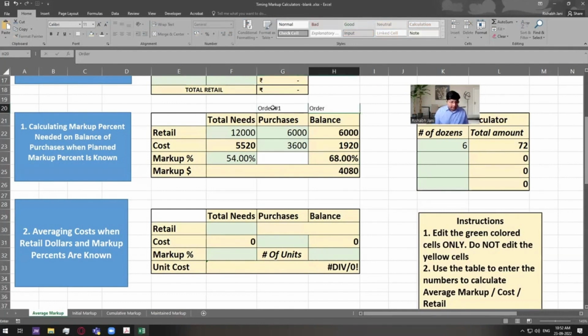So think of it this way, it's easier to understand if I put it this way. The first order was at this value. The next order needs to be at this value, and you need to mark up the goods at 68% to get to your markup percentage goal.